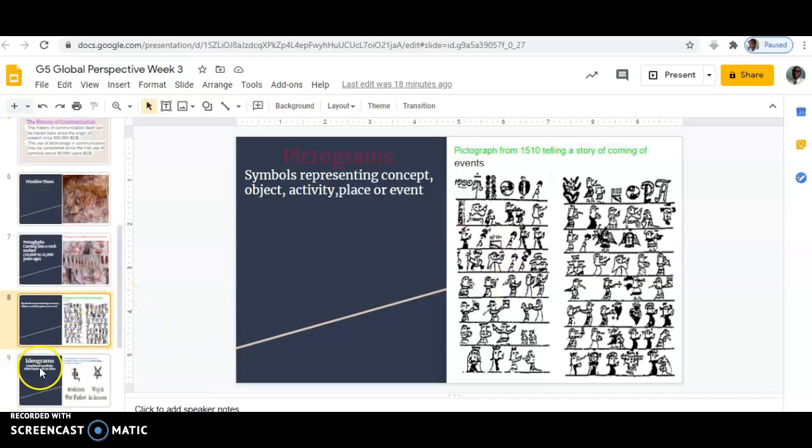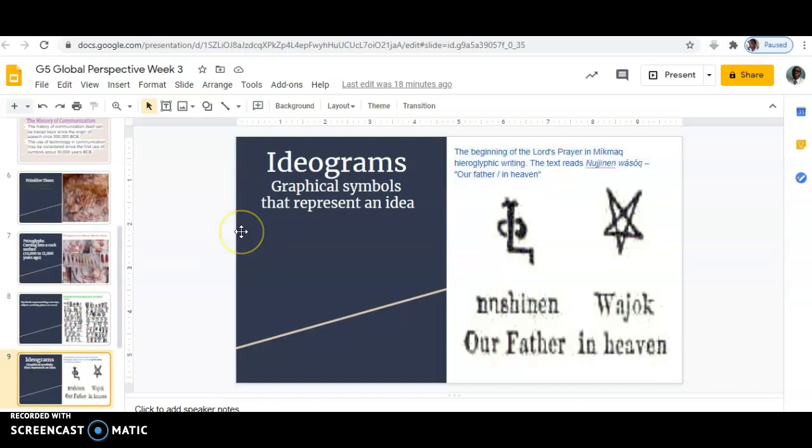Then came the ideograms. These are graphical symbols that represent an idea. This is the beginning of the Lord's Prayer in Mi'kmaq hieroglyphic writing. The text reads, Our Father in heaven.